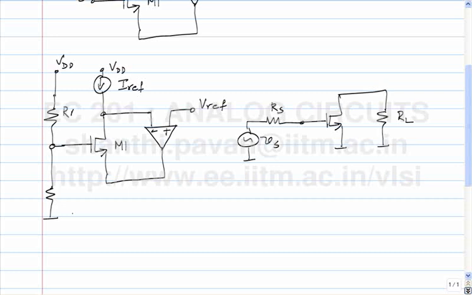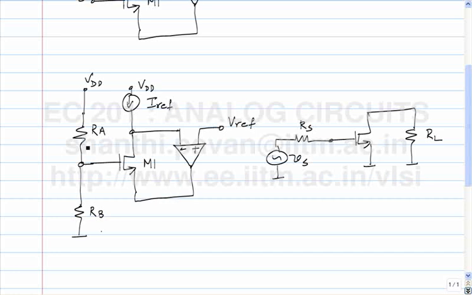So this is RA, this is RB. The voltage at the gate is VDD times RB by RA plus RB. The VB generation is taken care of.